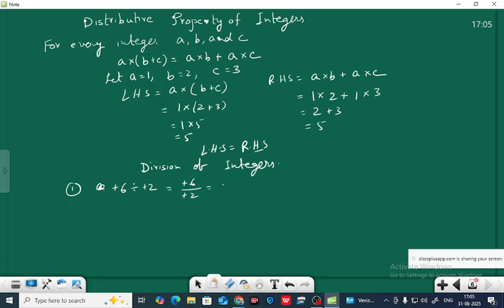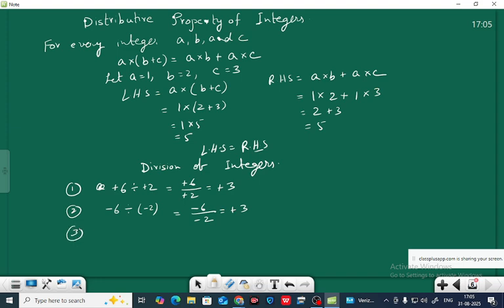Plus divided by plus is always plus, and 2 threes are 6, that is 3. Number 2, minus 6 divided by minus 2. Minus divided by minus is always plus, and that is 3.